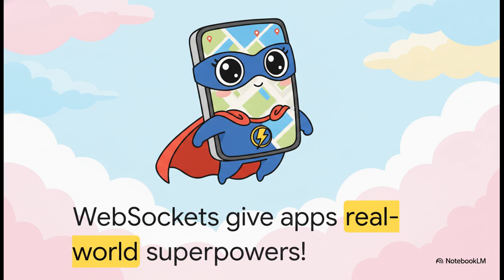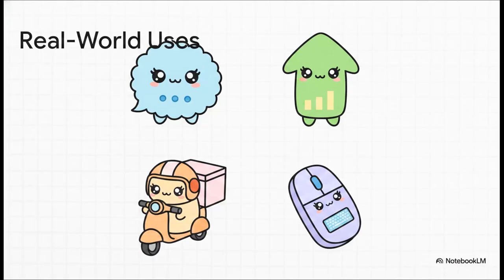Now that we understand the incredibly clever how of WebSockets, let's totally shift gears and look at the where. Because having an open, instant communication channel gives our favorite everyday apps what essentially amount to real-world superpowers. Seriously, think about the apps you rely on every single day. When you're typing in a live chat application and you see those 3 little dots showing someone is typing back, that's WebSockets.